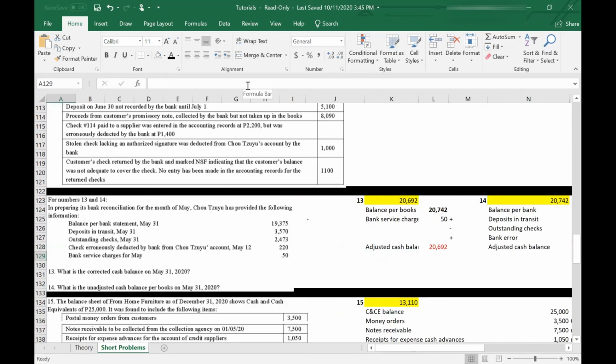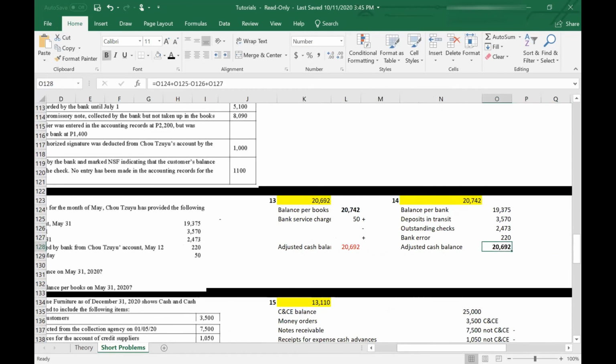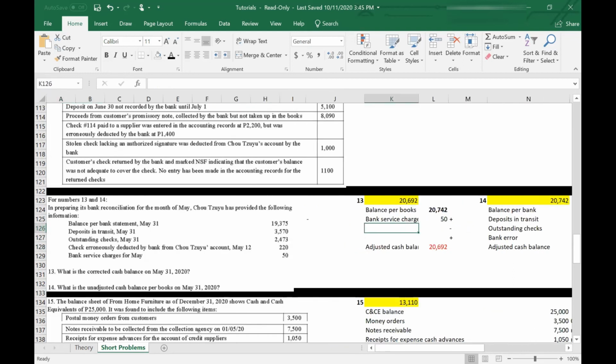But for number 14, we're asked to give the unadjusted cash balance per book. So ito yung nahanap natin. So how do we compute for that? Now, alam mo na yung adjusted cash balance per bank mo is 20,692. Theoretically speaking, if that's the case, the adjusted cash balance per book should also be 20,692. Now, you have your bank service charge of 50.